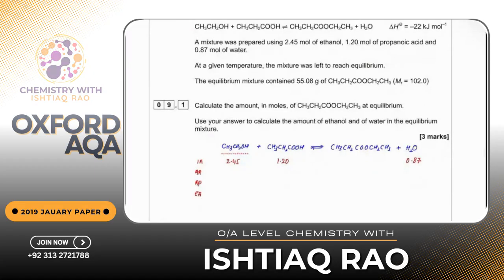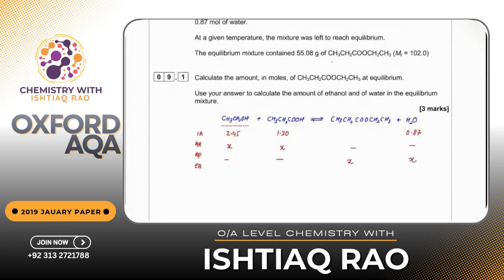This is x, this is x, this is x, and this is x. The equilibrium mixture contained this many grams of ester. Can you tell me the moles? 55.08 divided by 102. I'm going to find out the moles of an ester. They have given the Mr as well.